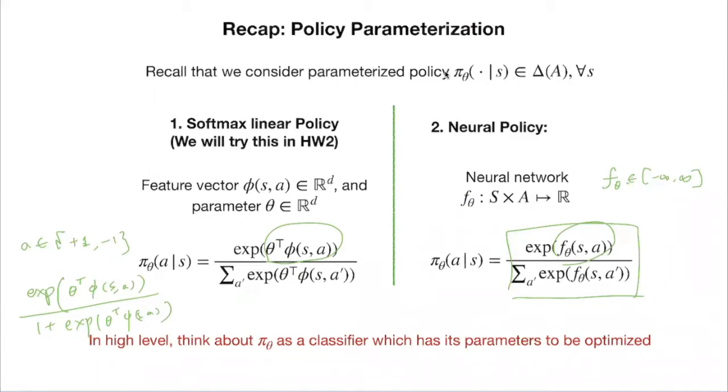And I was saying this is essentially just a multi-class classifier parameterized by a neural network, for instance. You have some neural network feed-forward layers, your input is S, and your output is a distribution over your actions.